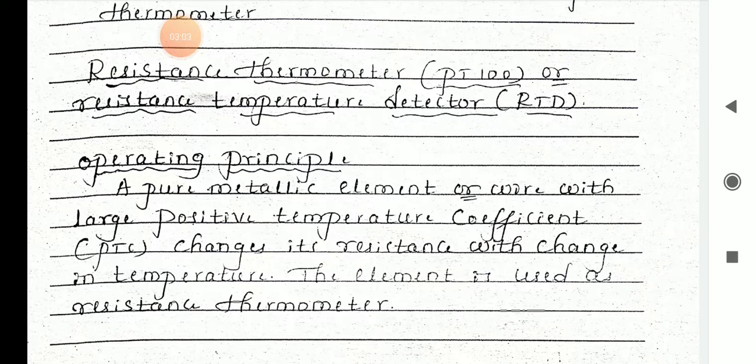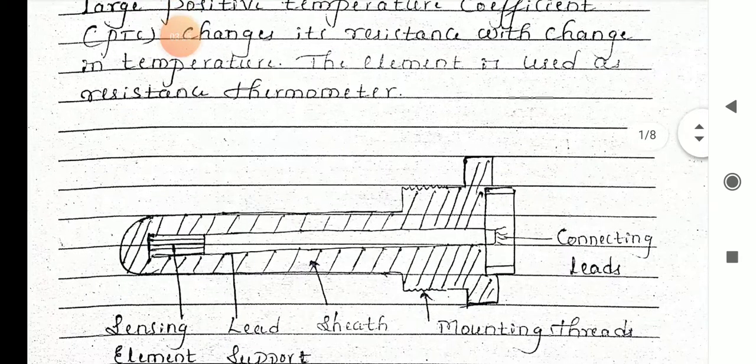So in a resistance thermometer you are going to use one pure metallic element or a wire. As the temperature changes, the resistance also changes. That is the PTC, positive temperature coefficient. In short, in the operating principle you use one metallic element or a wire with a positive temperature coefficient.